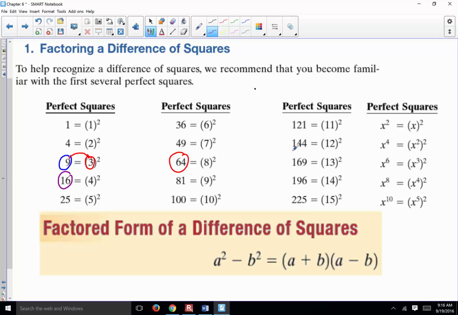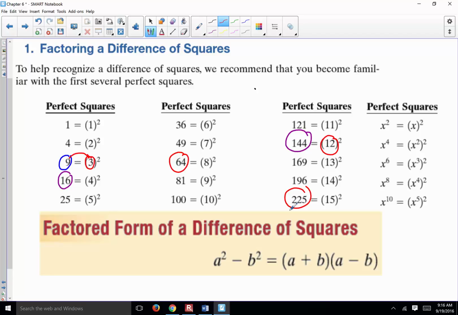Like when I say what's the square root of 144, or what number squared becomes 144, everybody should scream, oh, it's 12. 12 squared is 144. Okay? So know up to 225. If you know more, it's better. For example, is 400 a perfect square or not? What number squared becomes 400? 20.